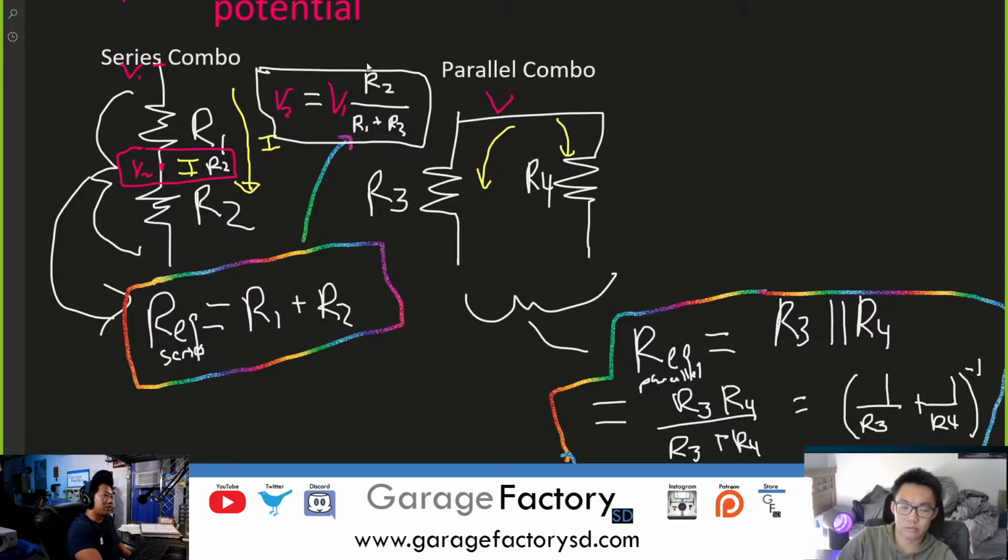Current dividers are solved by REQ over R1, oops, not R1, R3.